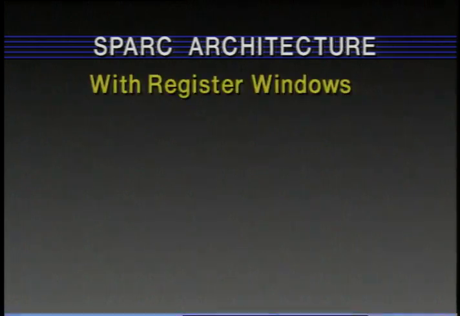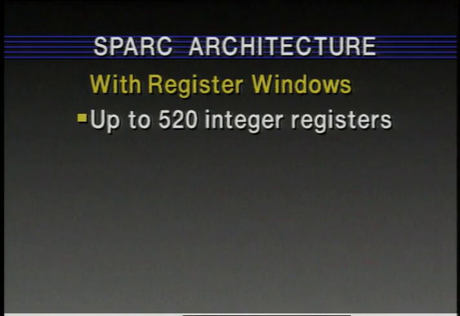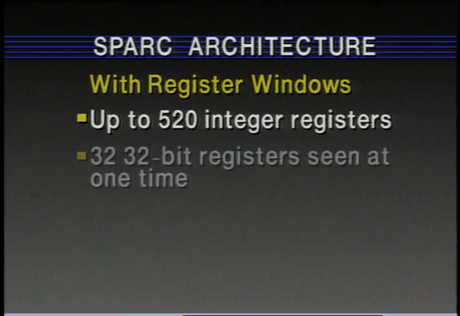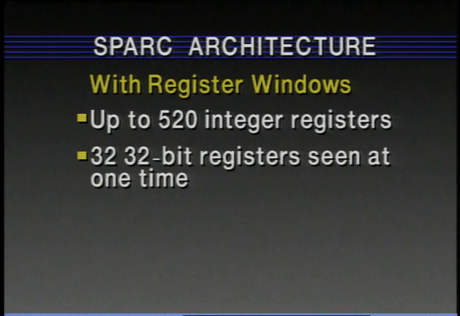One of the differences with SPARC, however, is something called register windows. And this is a way in SPARC where we can use a lot more on-chip registers, in SPARC's case up to 520 integer registers, although most implementations only have about 130 registers on chip. At any one point in time, 32 of those registers are visible to the instruction set.